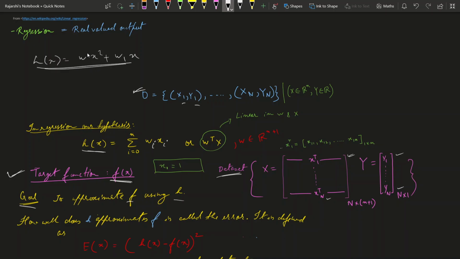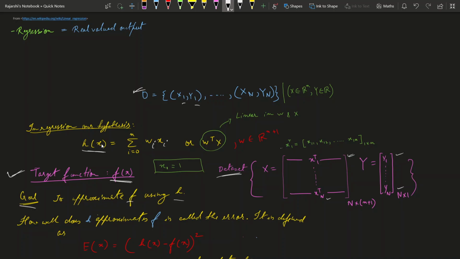Had this been like w squared and w, then that would have been a polynomial regression. But since we are dealing with linear regression, the hypothesis function must be linear in parameters, or the w's, right?